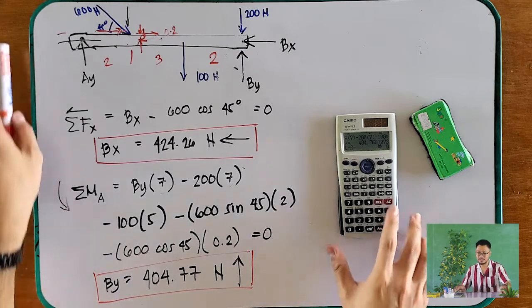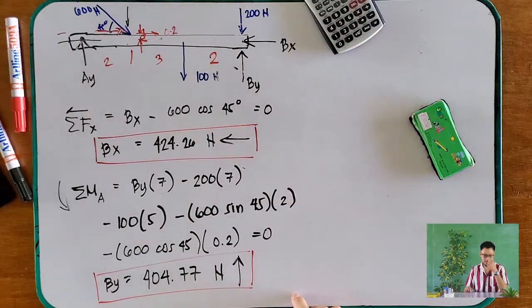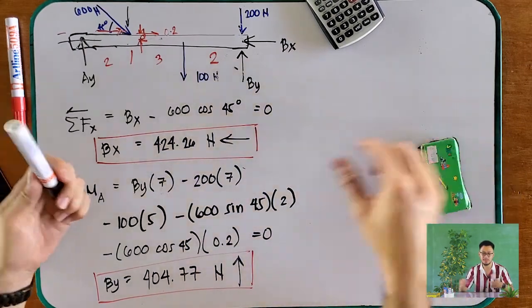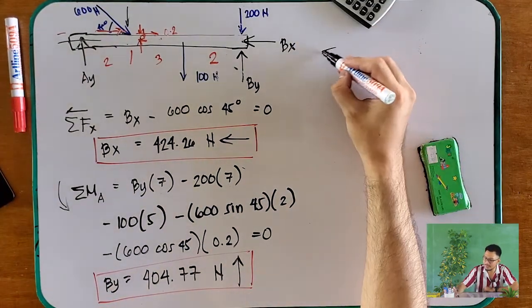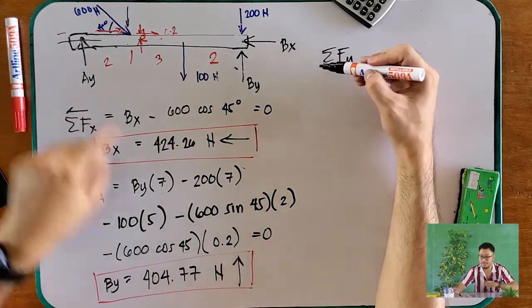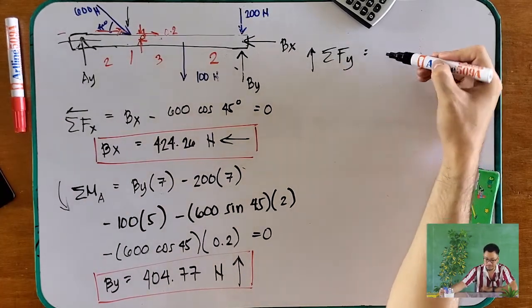And now let's look for your A_Y. To solve for your A_Y, you should use summation of forces along the Y, and assume that your A_Y direction is positive going up.